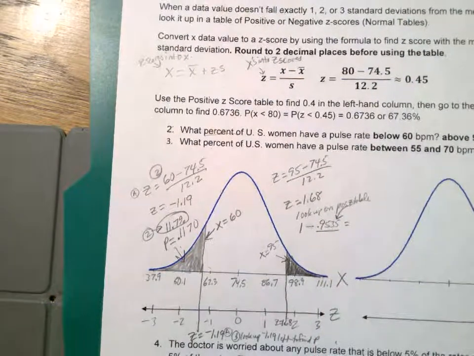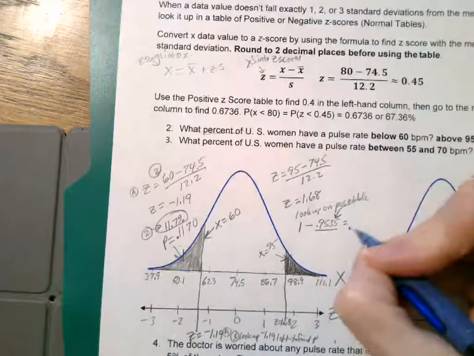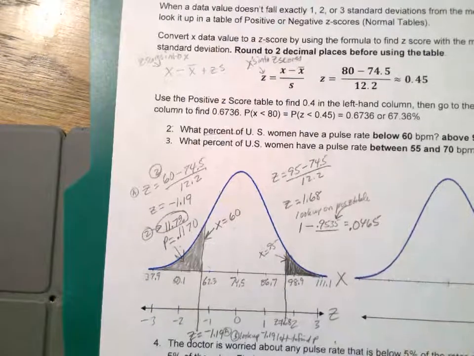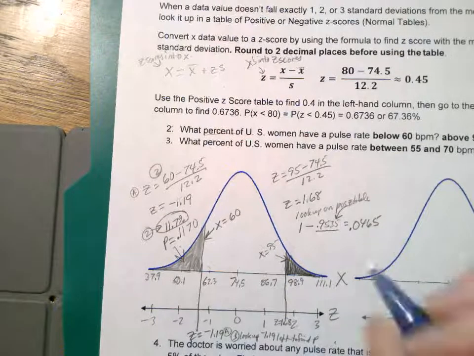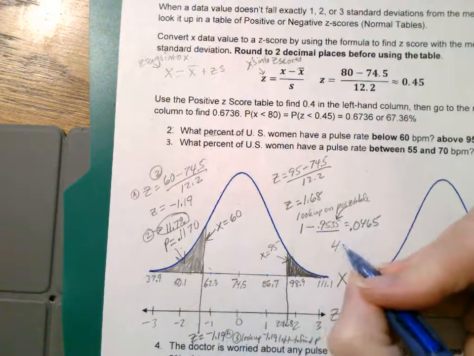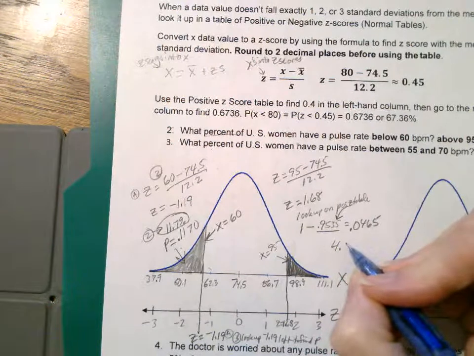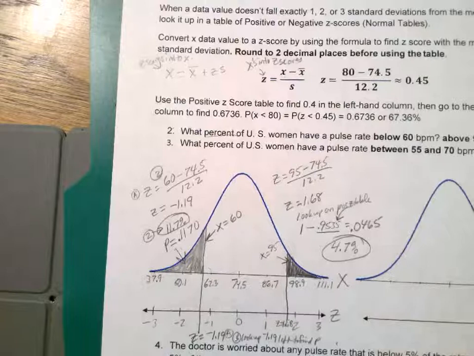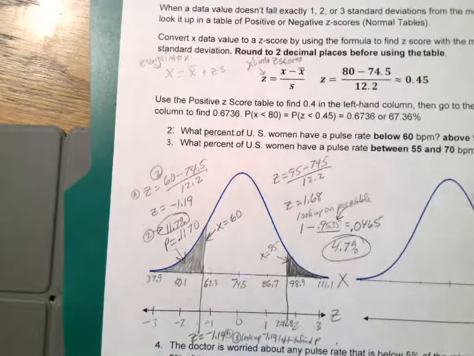All right, and 1 minus 0.9535 is 0.0465. Percent-wise, 4.7%.